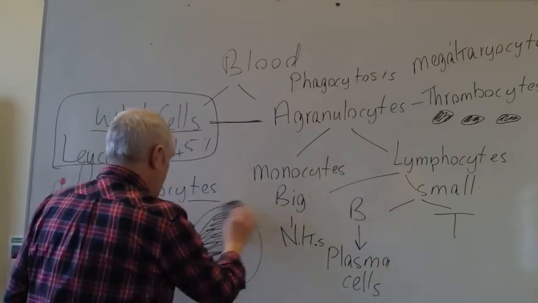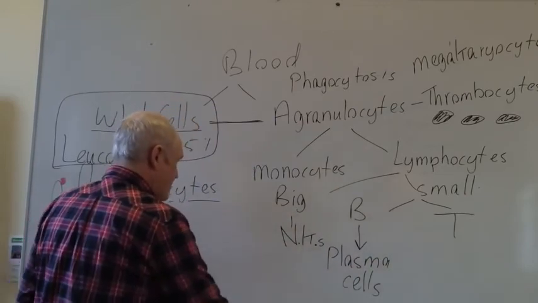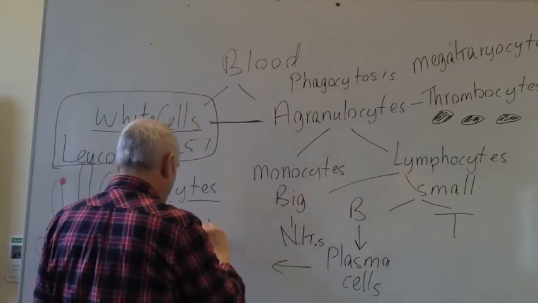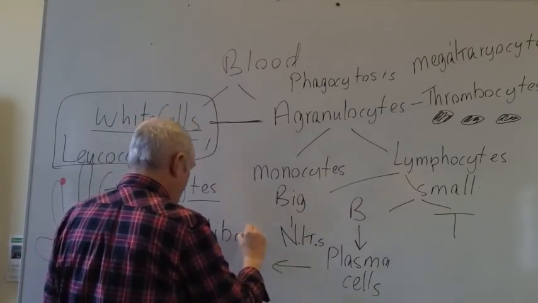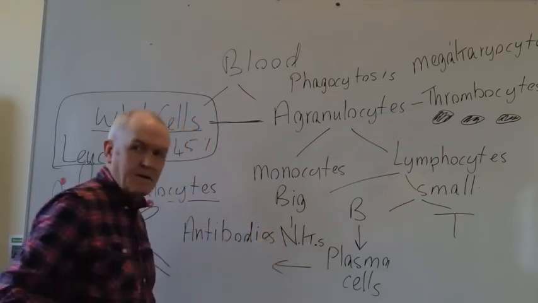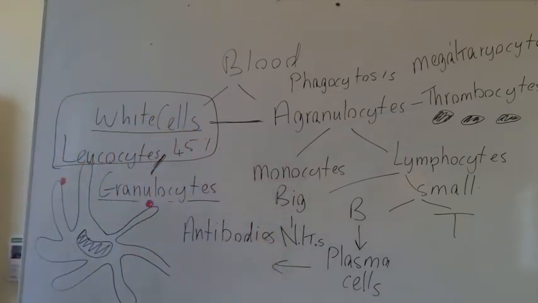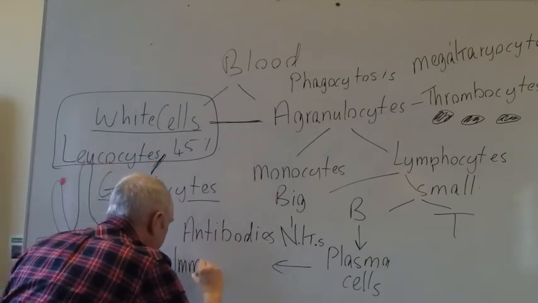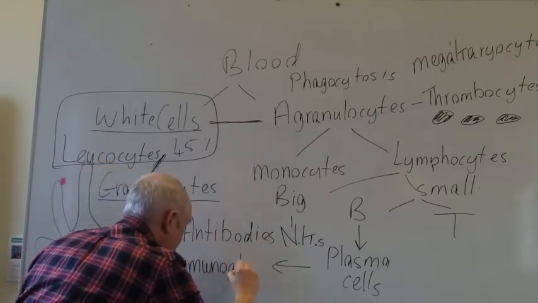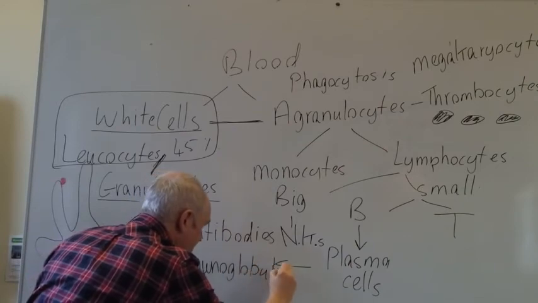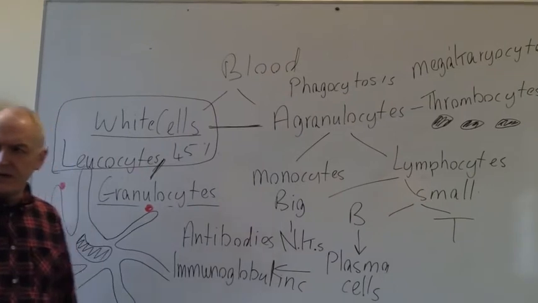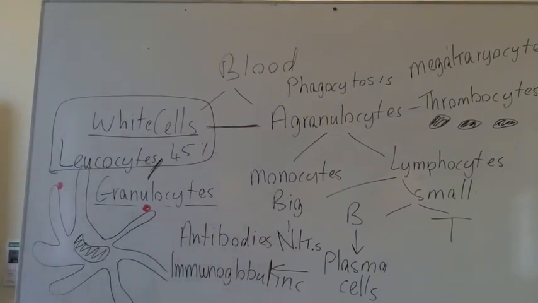And that's good because it's the plasma cells that produce the antibodies. Antibodies, of course, are the immune proteins, the immunoglobulins, the immune proteins that fight the infection.